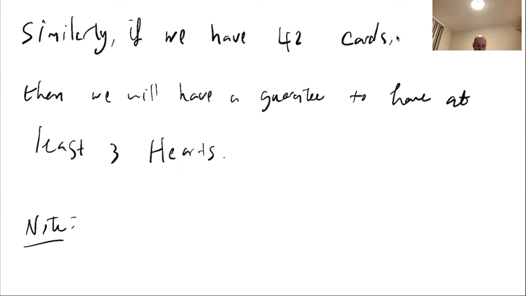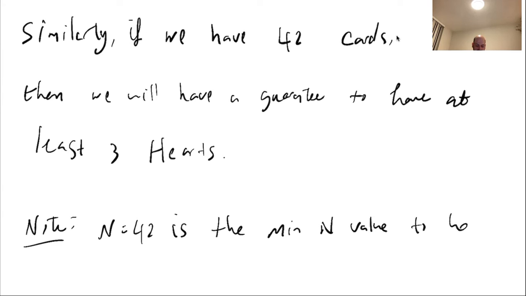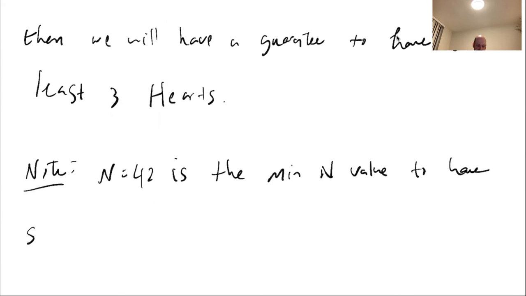Note that n equals 42 is the minimum n value to have such a guarantee. Because in the exam, let's say you're claiming that n equals 42 is the minimum number for which you have a guarantee, there are two things you have to show.